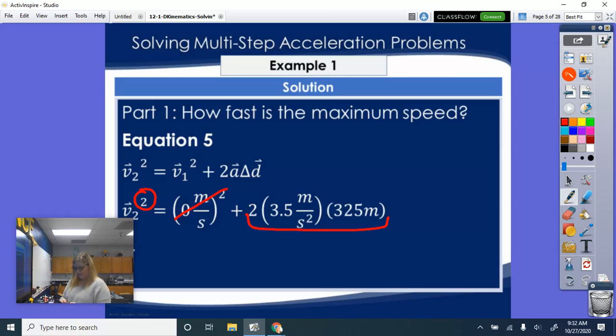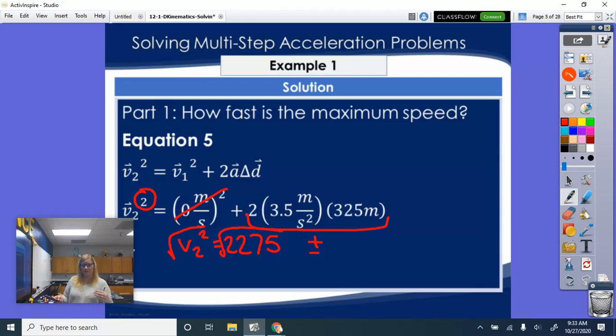So when I do this, I get 2 times 3.5 times 325, because that's the distance that I went when I was speeding up. So V2 squared is 2275. And then I need to square root that. Because I'm square rooting it, you technically get a positive or negative answer.